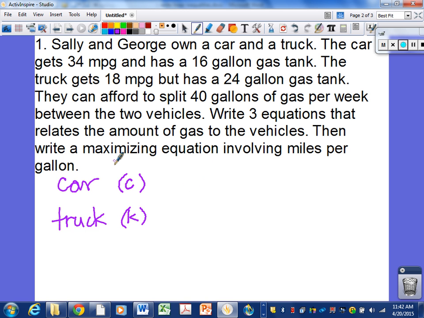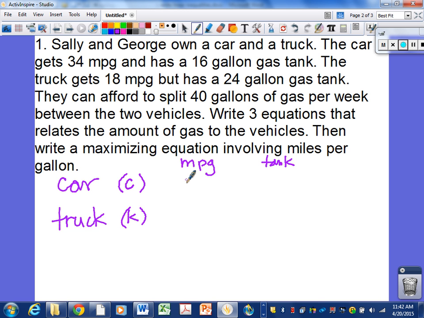Okay, so let's see. What do we know about our car? We know that it has some miles per gallon and that it has a gas tank, some size of gas tank. So this looks like a very nice chart where you have 2 things on the left, 2 rows, followed by 2 columns. So maybe a nice little matrix looking thing, but we're not going to make it into a matrix, don't worry.